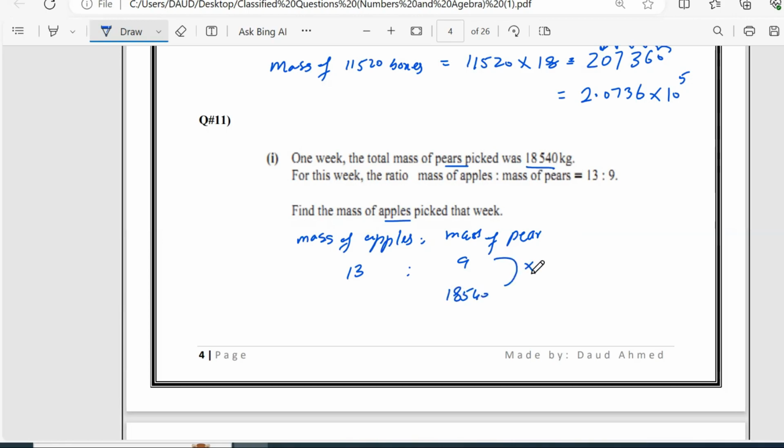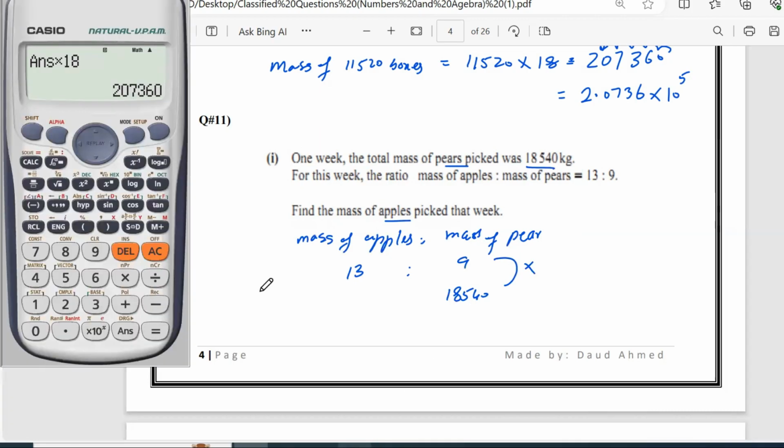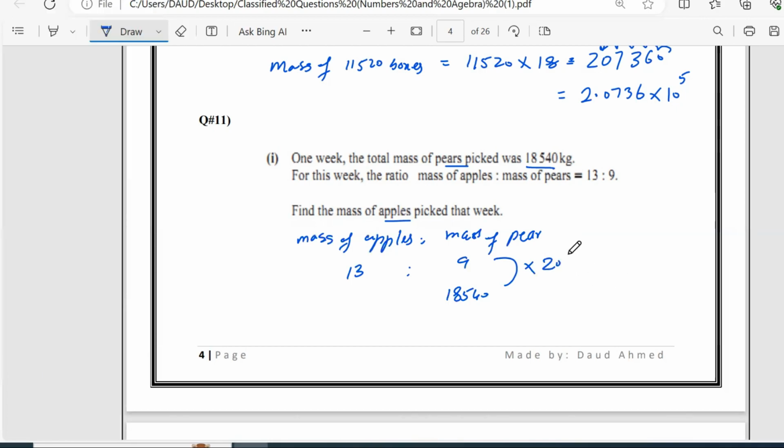So you have to check what we multiply 9 by to get this. 18,540 divided by 9 gives me 2060. So the same number you can multiply here, 2060. That gives you exactly the mass of apples picked that week.